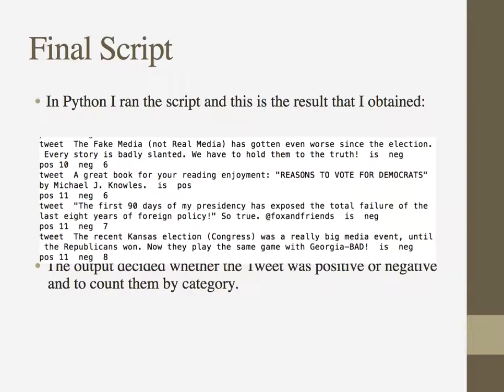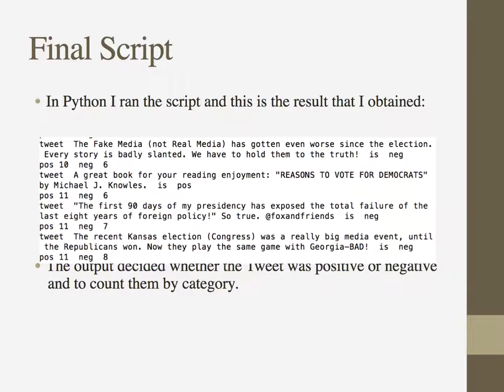Another thing that I did is I wanted to take a count per tweet, to identify which were negative and which were positive, and I wanted to have a line telling me a consolidated count of every tweet.